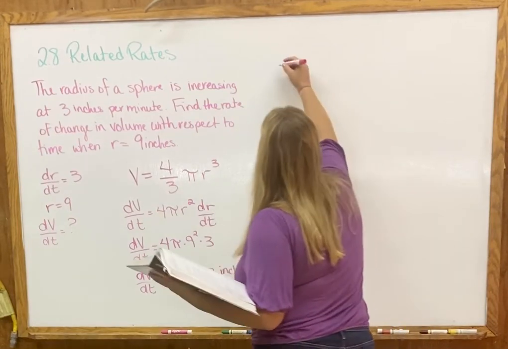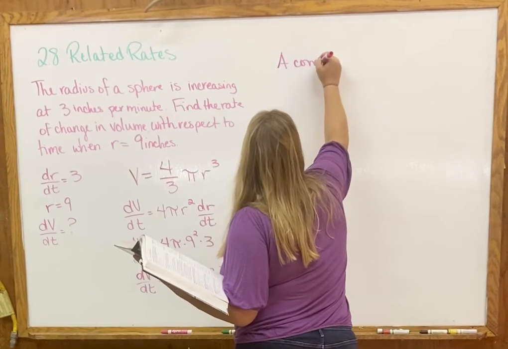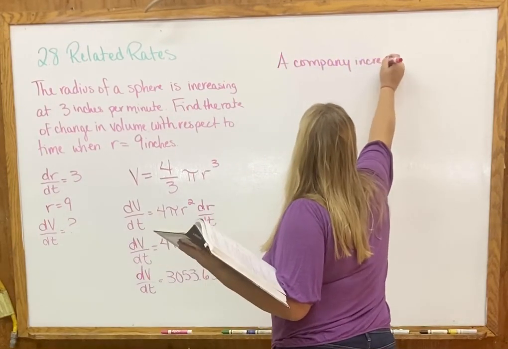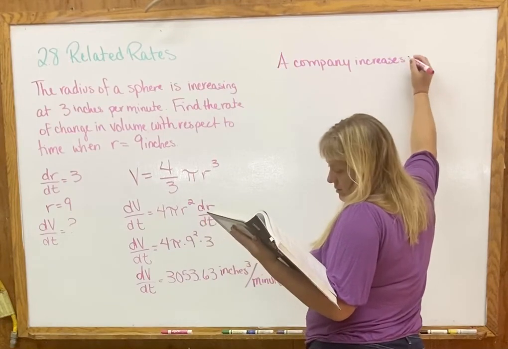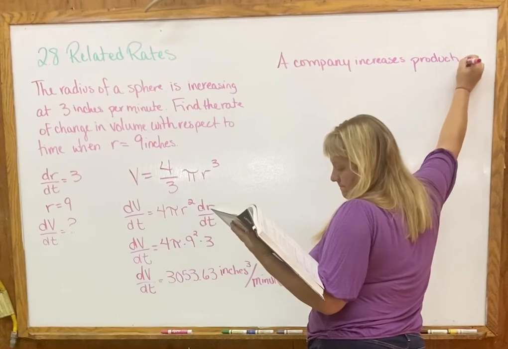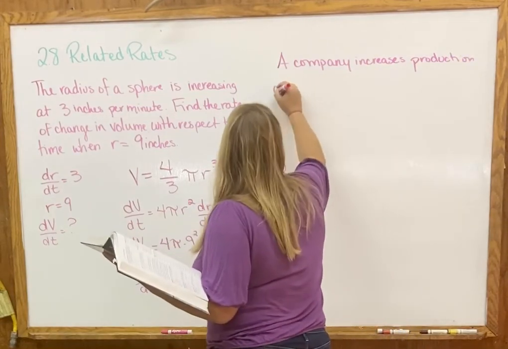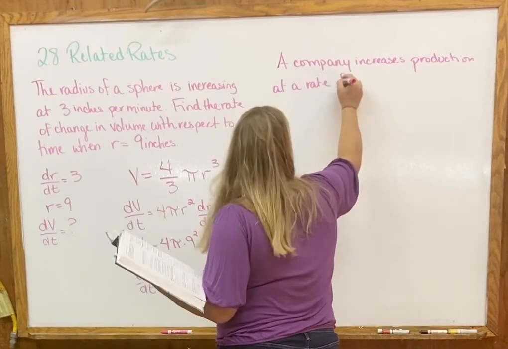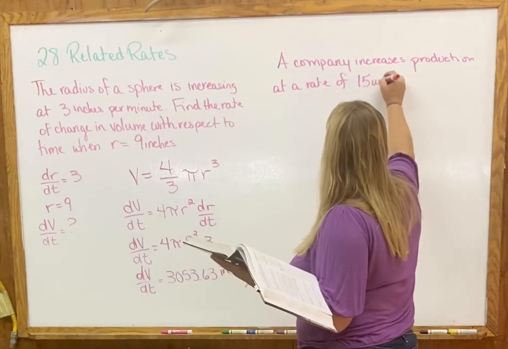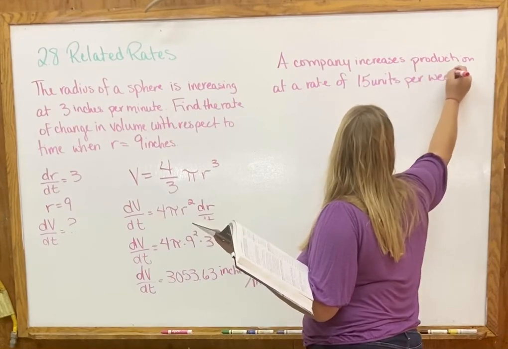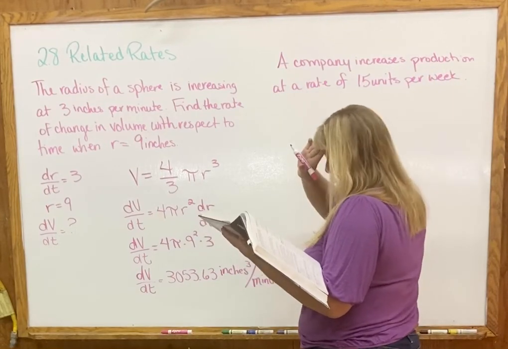Okay, so this says a company increases production at a rate of 15 units per week.